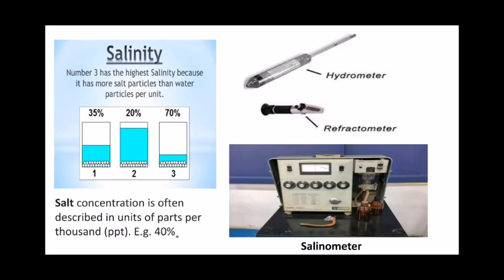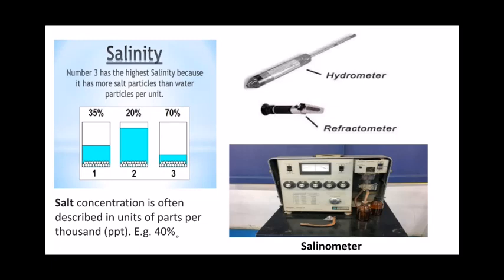Now children, do you know how the salinity of sea water is measured? The weight of all dissolved salts, you all know, right? The salt is dissolved into the water in our oceans and seas.